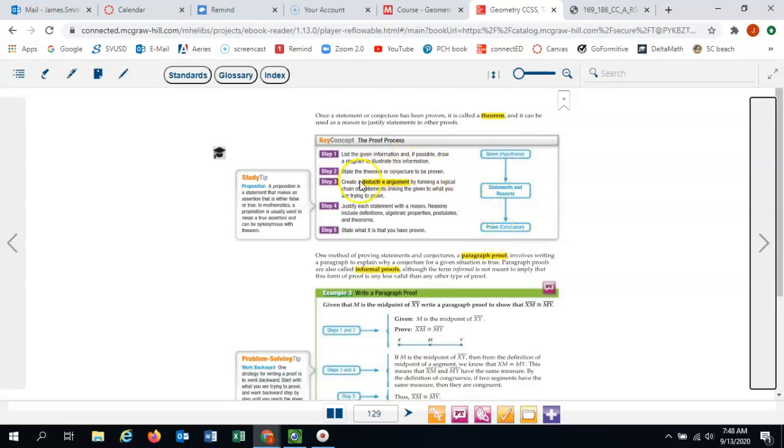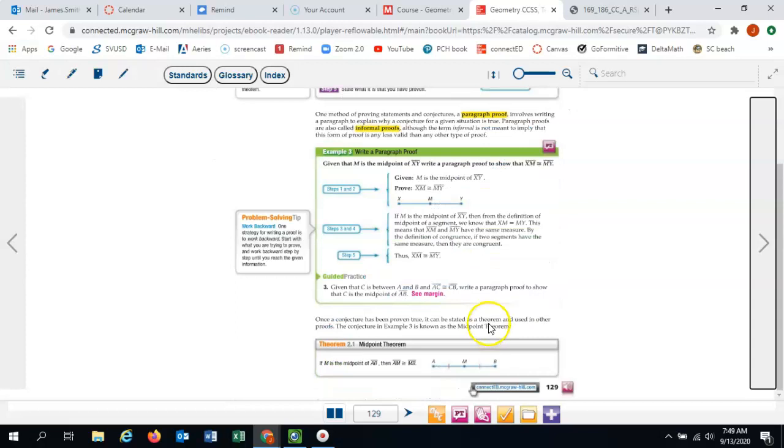And this is when you're going to learn all these things called postulates and theorems and definitions, and we're going to use those three things in order to prove whatever we're trying to prove. Theorems are just like postulates, but theorems you can actually prove. Postulates we don't have a proof for.